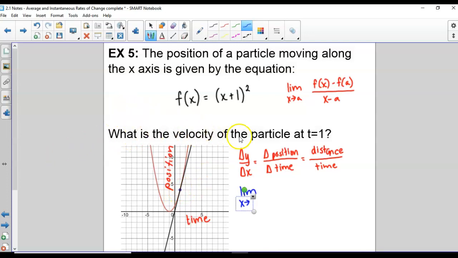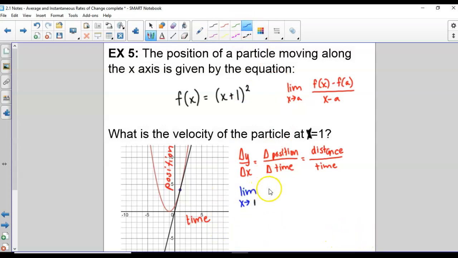So we want to know the velocity of the particle at t equals 1. And actually, I should say x, because the equation has x, not t. So at x equals 1. Right here at x equals 1, we want to know the slope of the line at that point. So whatever x coordinate you have for that, that is your a value. So we're approaching 1 here.